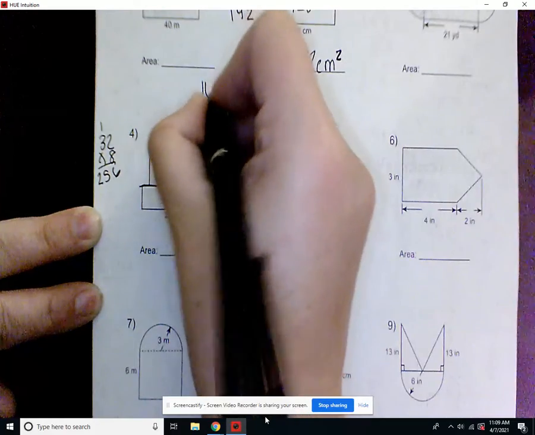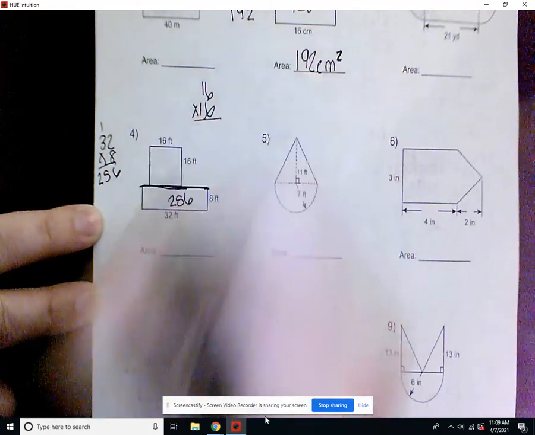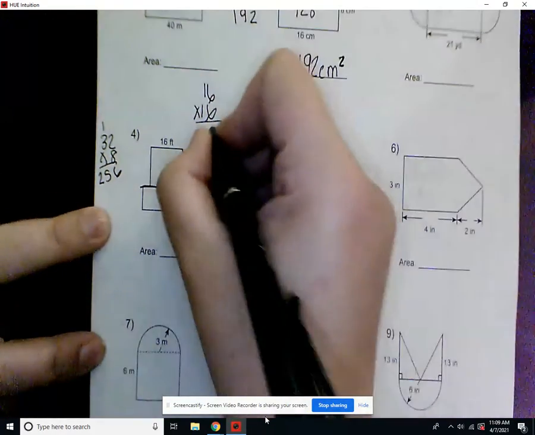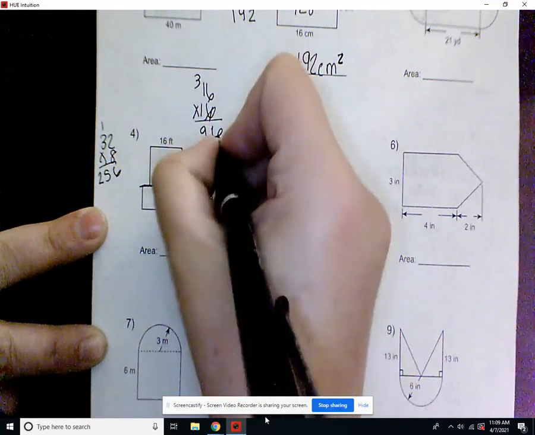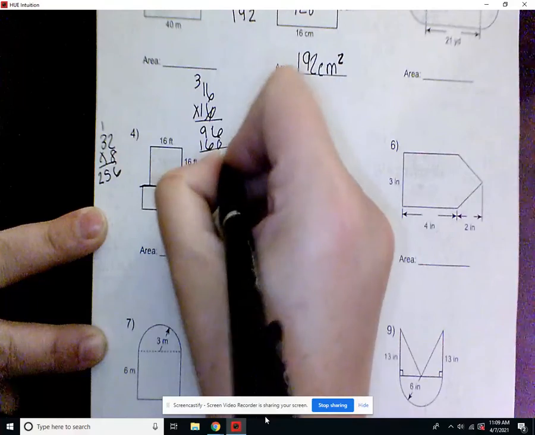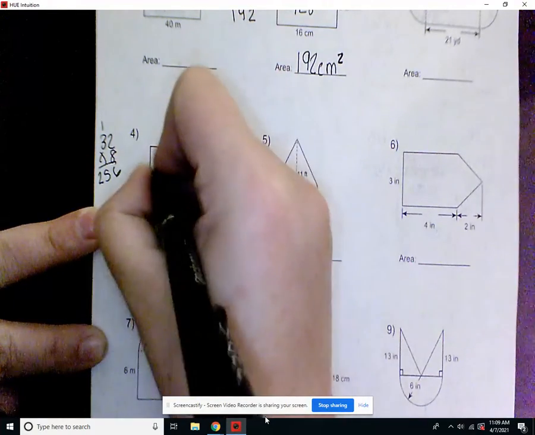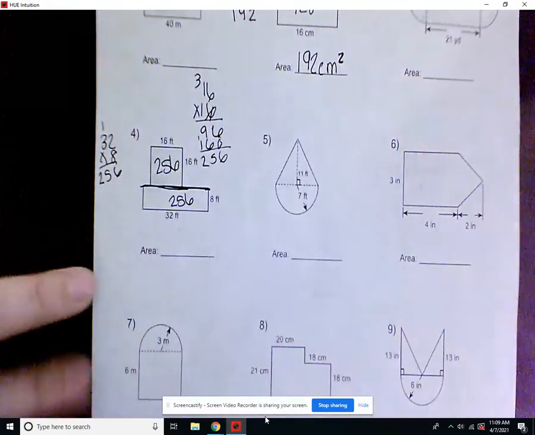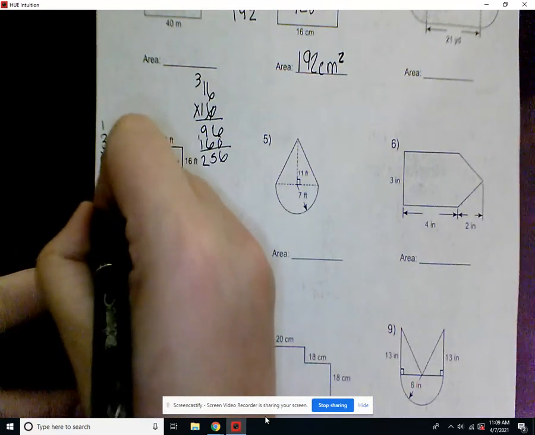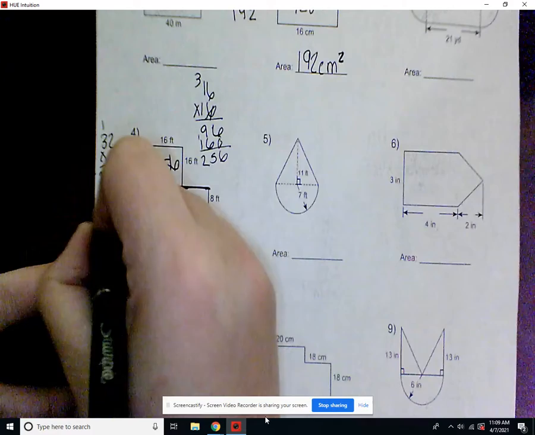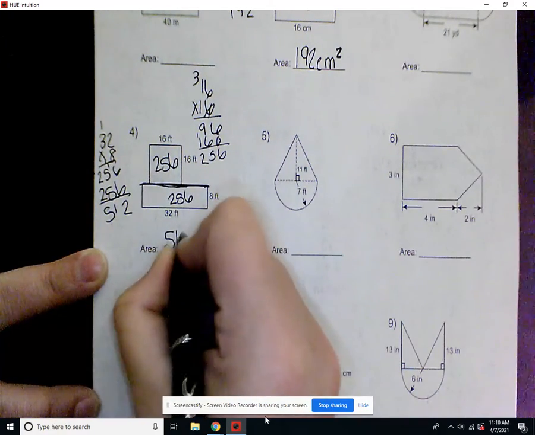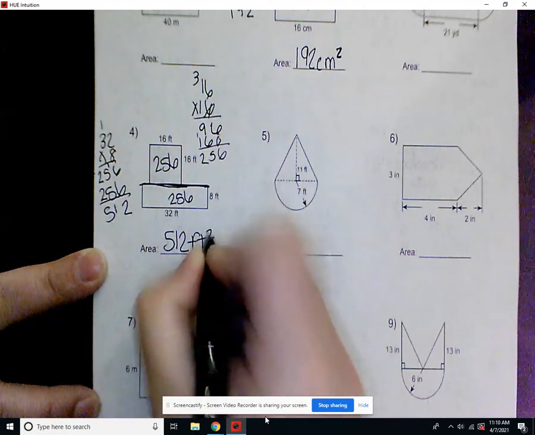Then we have 16 times 16, since it's a square, which is 256. And then we're going to add the 2 answers together, which is 512 feet squared.